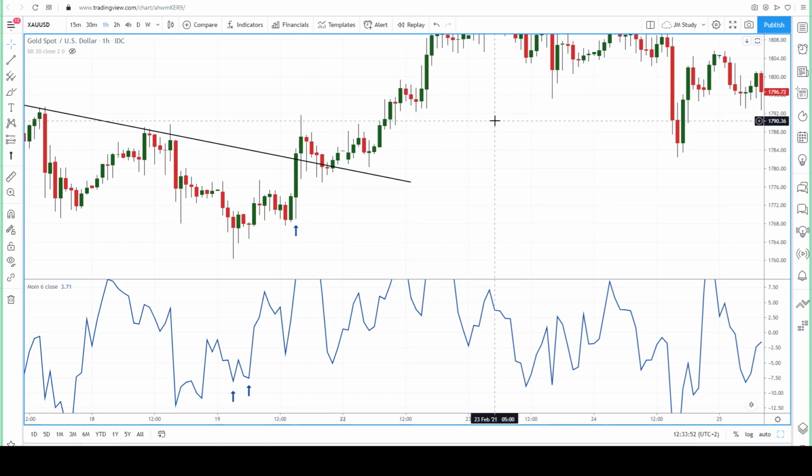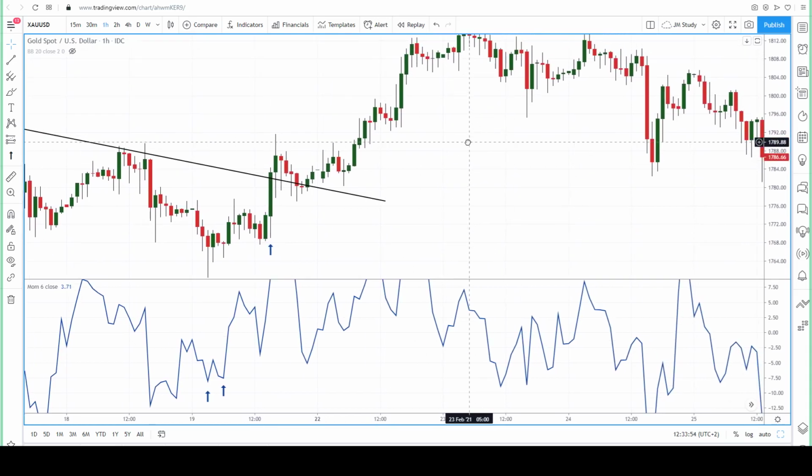And then the price starts to move higher. So two phases. First you start to get indications of price possibly turning higher, and then confirmation when price breaks the trend line.